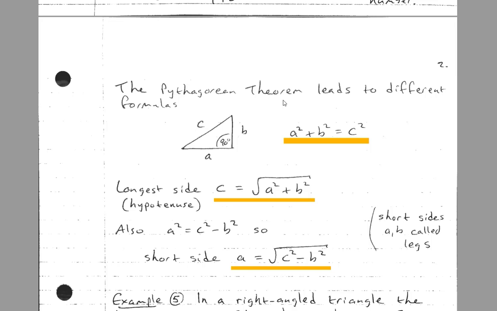The Pythagorean theorem relates these three numbers. It says a squared plus b squared is equal to c squared. And if you take the square root of both sides, you get it in this form: c is equal to the square root of a squared plus b squared.